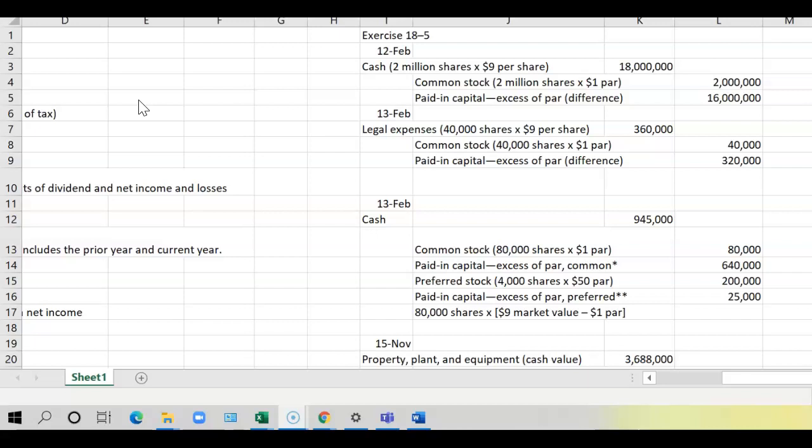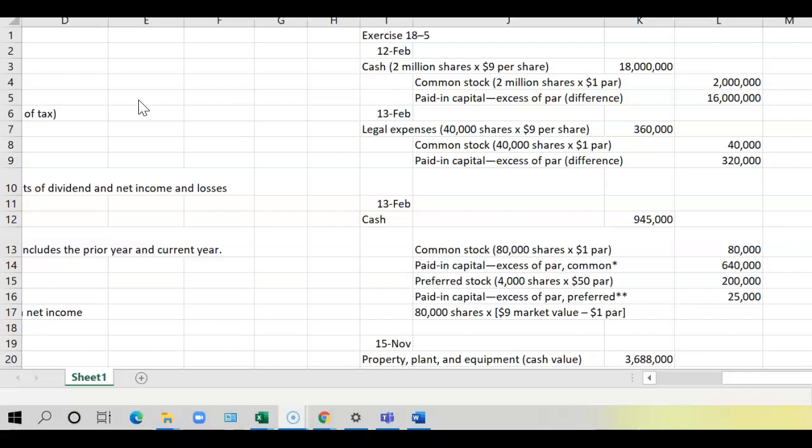So now we have to allocate the leftover amount or the residual amount, and to balance this equation, we've already recognized 720,000, so 945,000 reduced by 720,000 means that we have 225,000 that we have to record as the preferred stock.